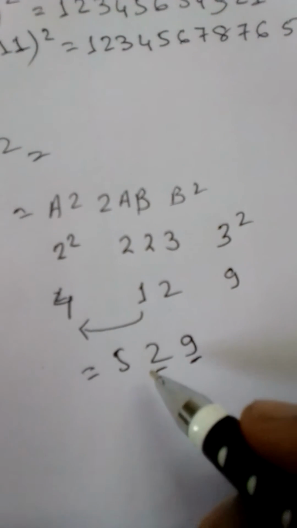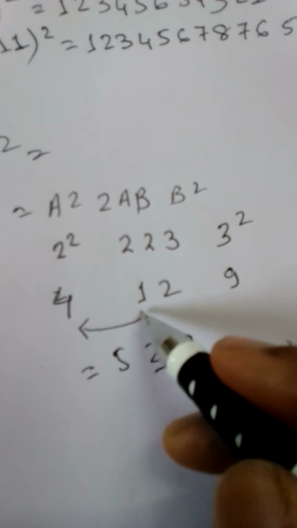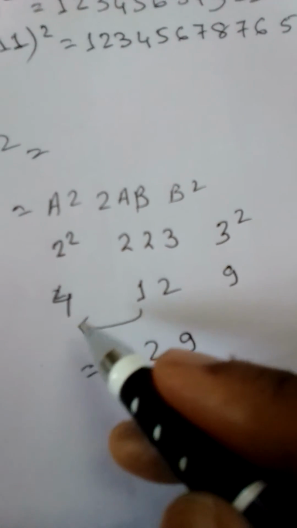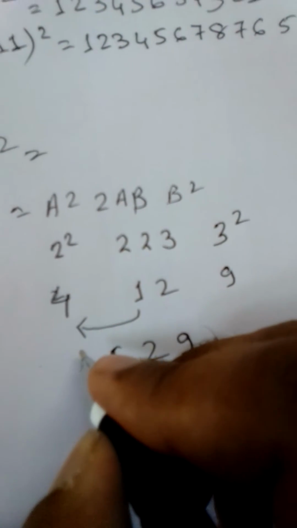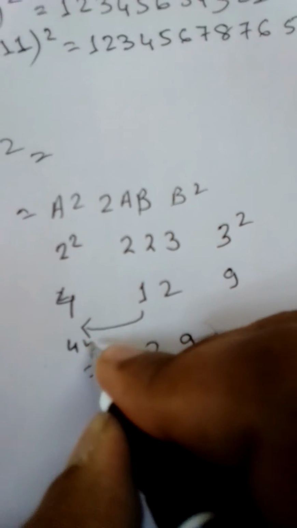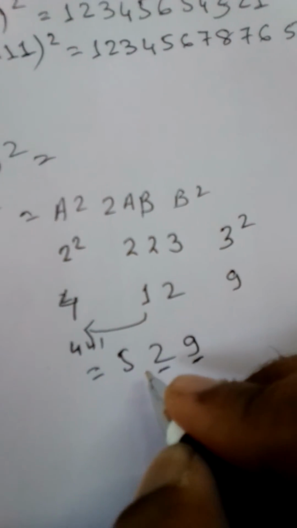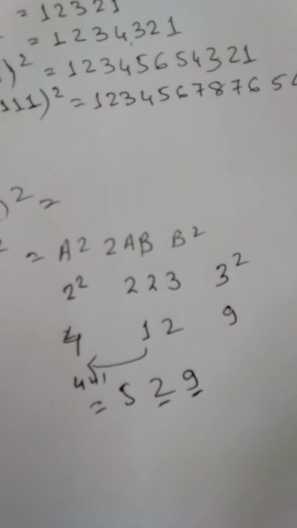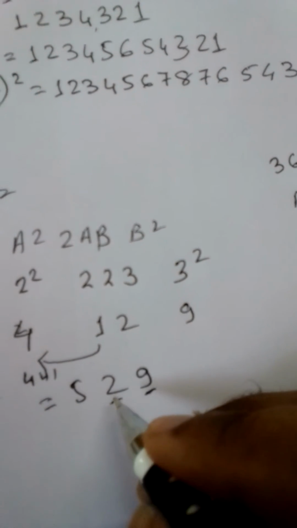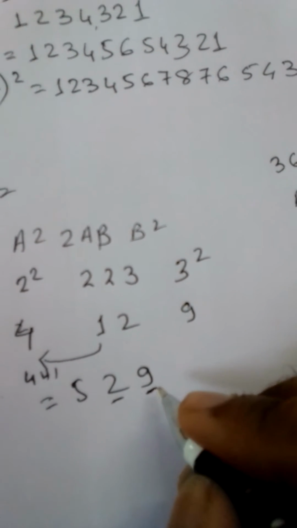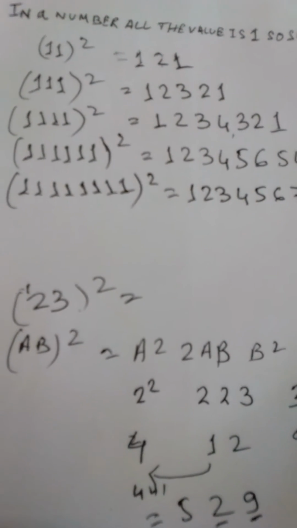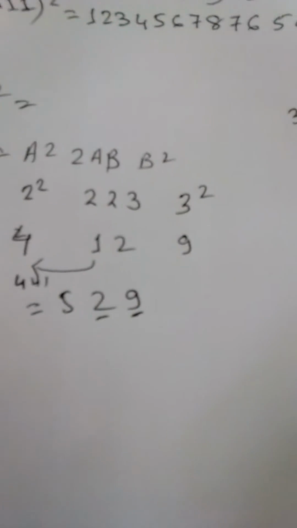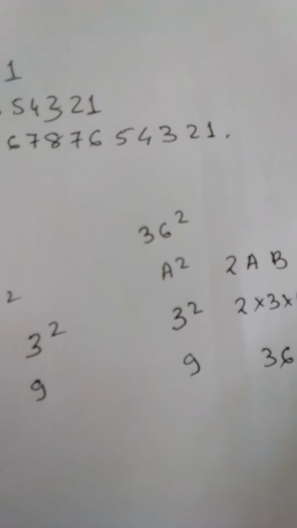Here we will write the 2, and we'll carry forward the 1: 4 plus 1, that is 5. So the answer will be 529. The square of 23 is 529.